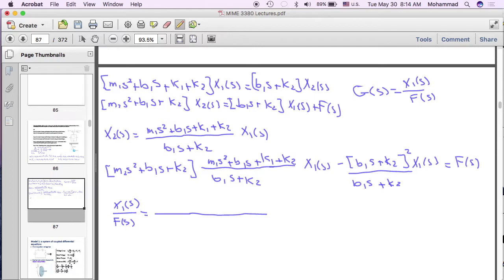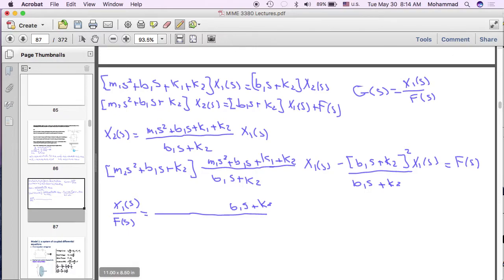The common denominator will become the numerator for the whole thing, so it becomes b1s plus k2. Can everybody see that? That's what is being multiplied by f of s, so that's why it needs to go to the numerator. In the denominator, we will have what? We'll have the multiplication of these two terms.